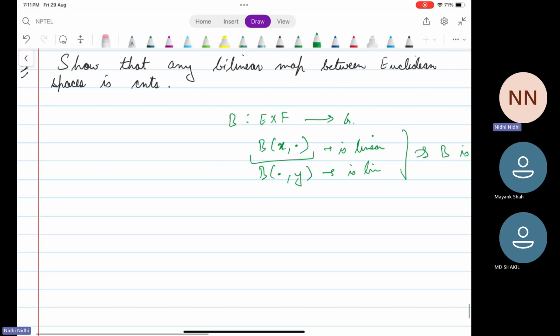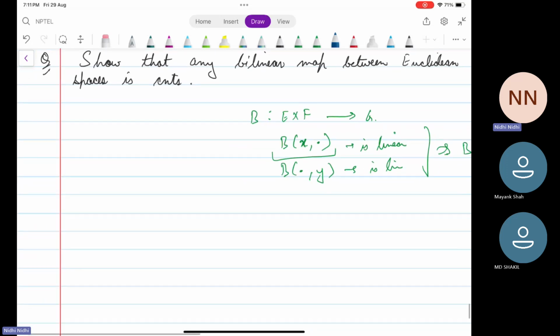Again, we'll be using the fact that we have seen earlier that linear maps are continuous, and hence our bilinear function will eventually be continuous. Let's prove that properly.